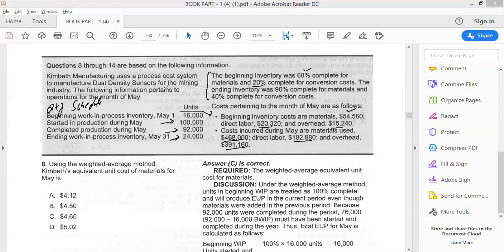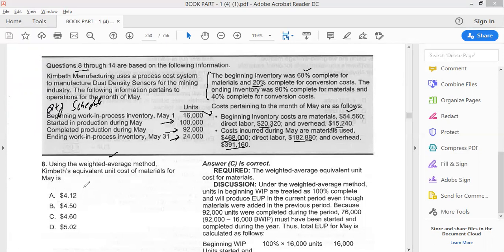So students, this is very long information, actually given for around 6-7 questions. We will go through it now. Using the weighted average method, Kimball's equivalent units of materials for May is: students, we need to calculate the equivalent units of materials by using the weighted average method.